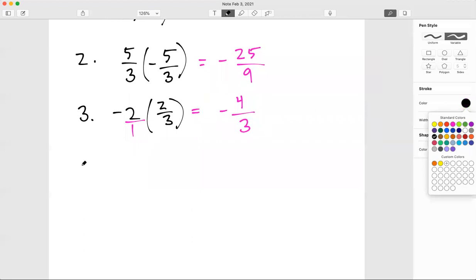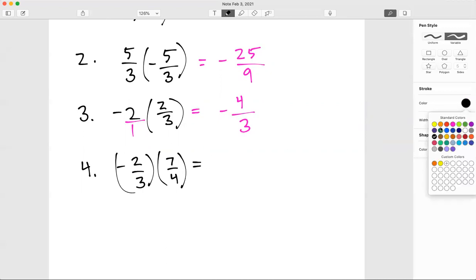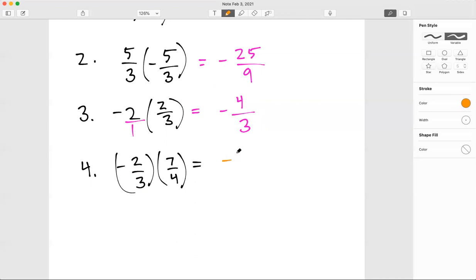All right. Negative 2/3 times 7/4. Why don't you try this one? Negative 2 times 7 is going to be negative 14. 3 times 4 is 12.